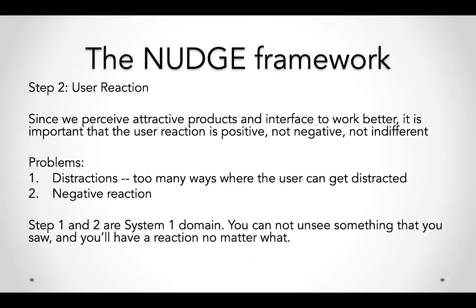Or you can have a negative reaction. If the reaction is not positive, it most likely is going to be negative, because even if it's indifferent, it's still a negative reaction. Steps 1 and 2, the nudge and the user reaction, are system 1 domain. You cannot unsee something that you saw, and you will have a reaction no matter what. But you want this reaction to be positive.